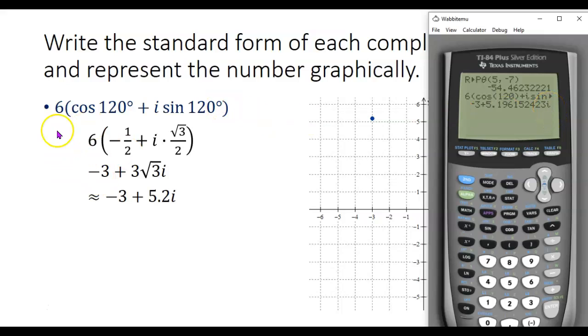So if you put it into the calculator just like this, assuming you have the right kind of calculator, it will basically show it to you as the standard form of the complex number.